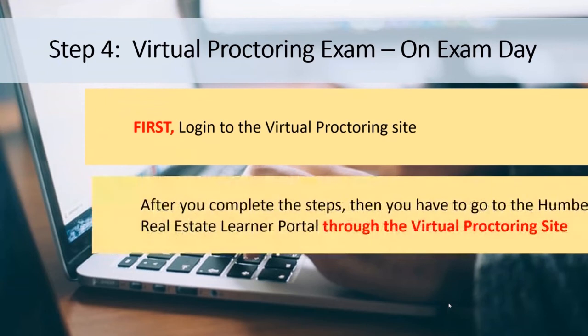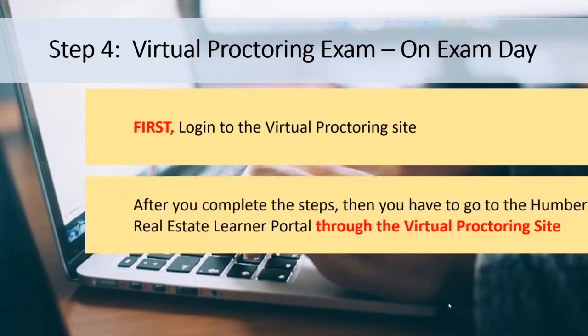Once you complete the steps, they are the same as what you did for the onboarding. Once you've gone through the motions of doing an environment check and your identity check, then you open a new tab and go into the real estate learner portal through the virtual proctoring site. That is critical.